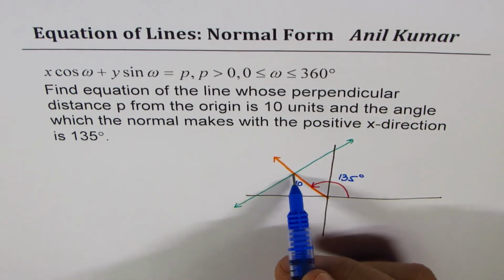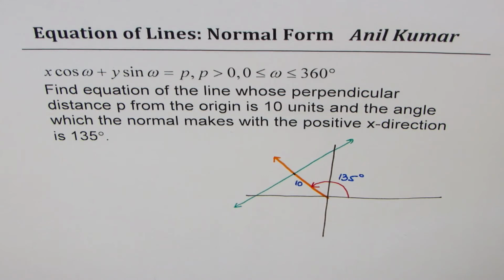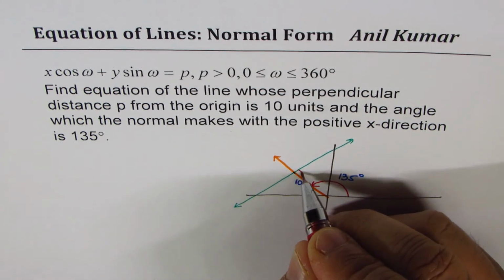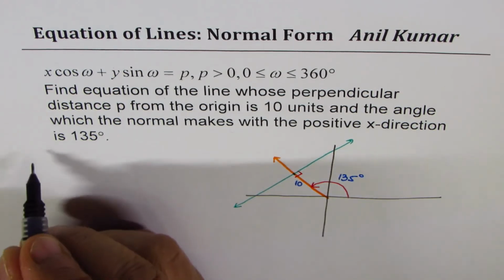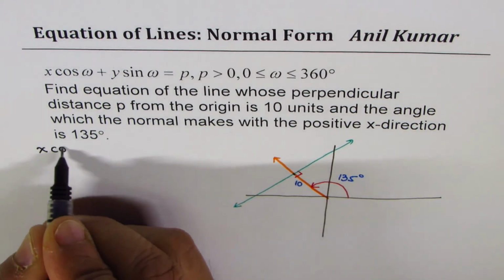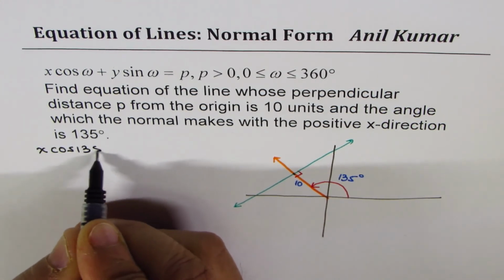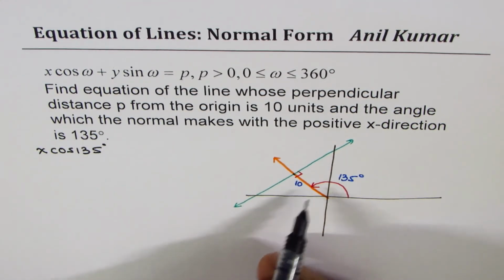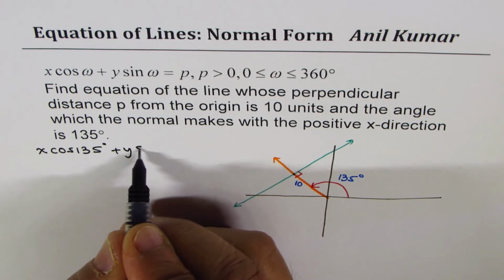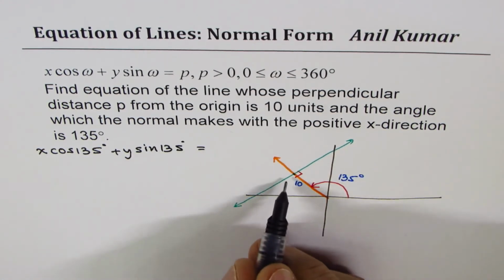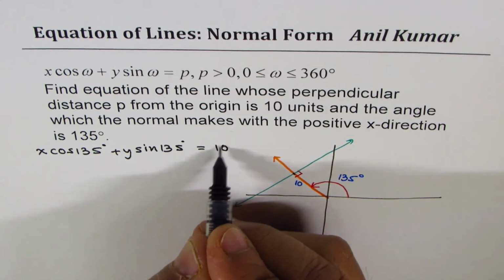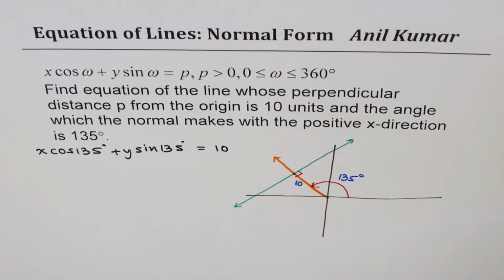Now we can write down the equation of the line in normal form, right? This is 90 degrees. So we can write down this equation as x cos of 135 degrees plus y sine of 135 degrees is equal to the length of the perpendicular, which is 10, right?